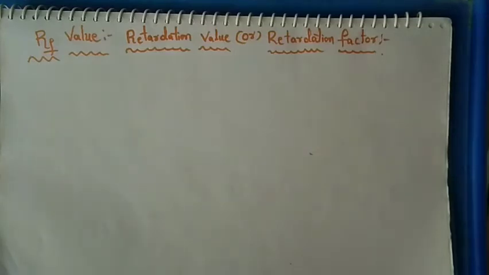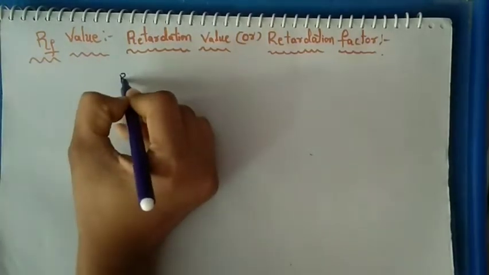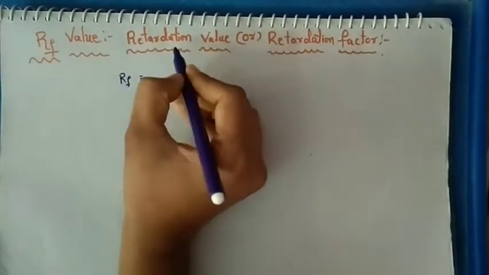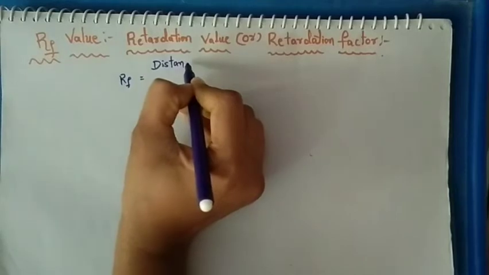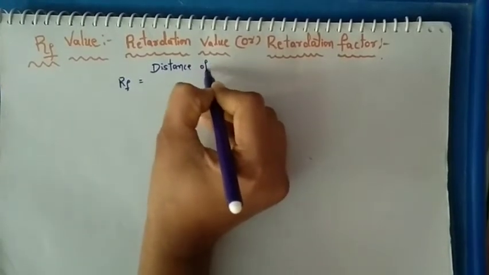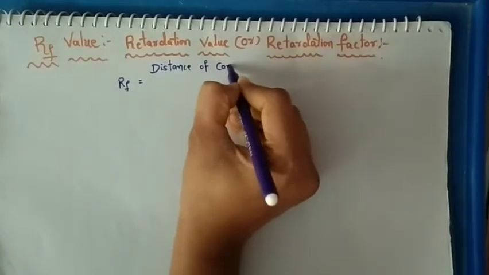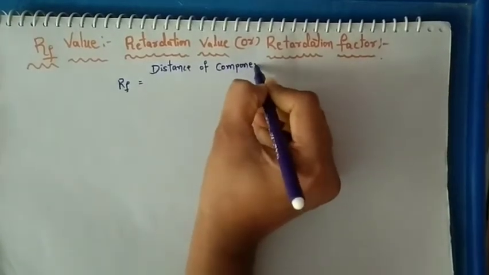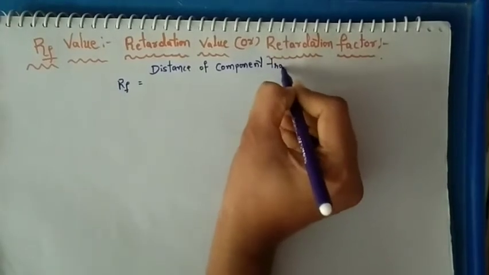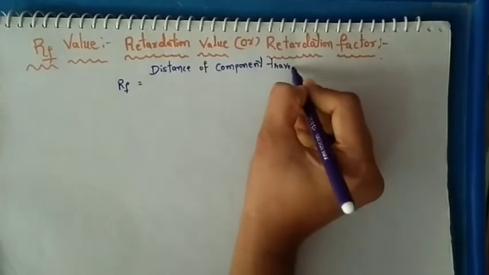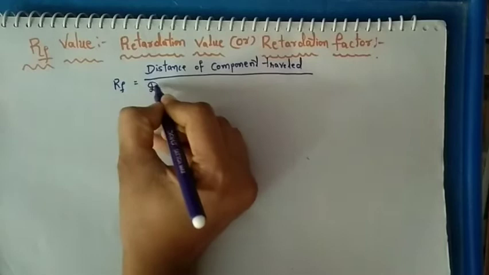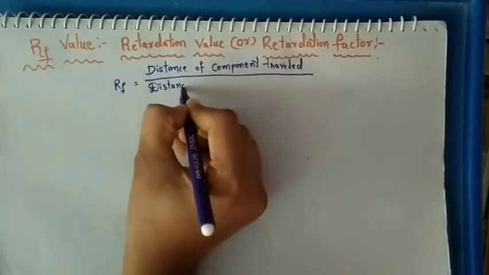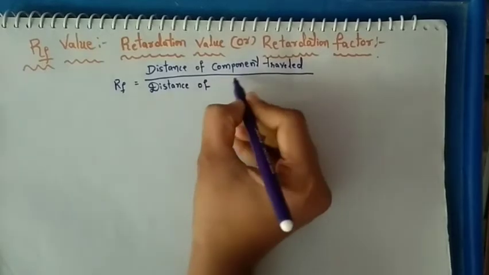So the RF value principle: distance of component travelled by distance of solvent travelled.